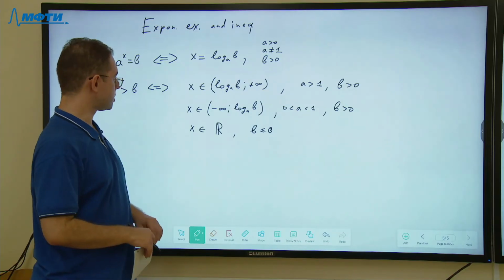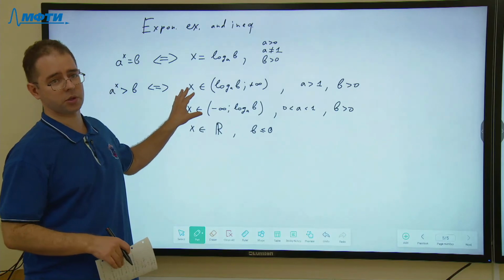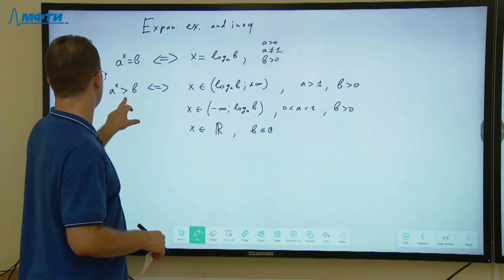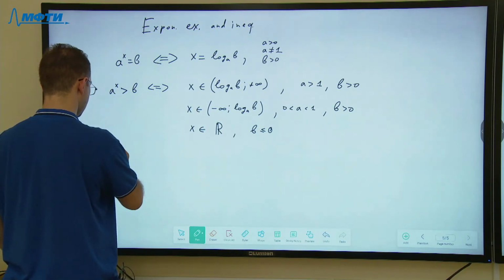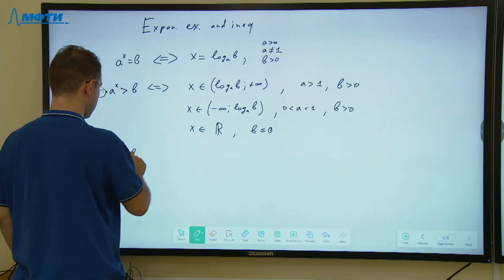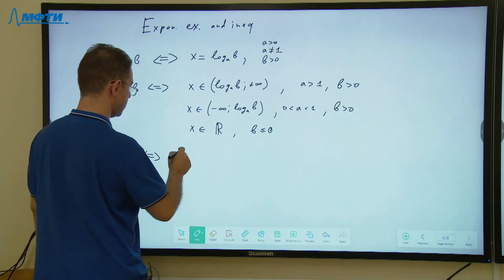And of course, the same kind of approach works for the opposite inequality. So a power x is less than b. I will just write down the answer.